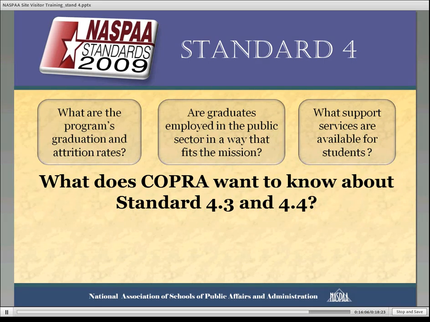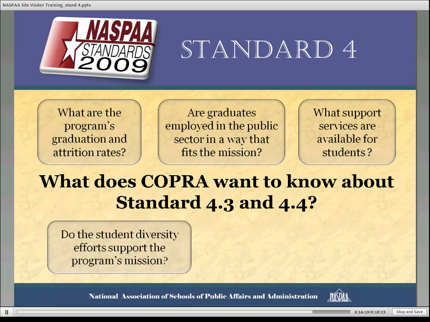What kinds of services are available for them? Again, you don't have to make decisions about whether those are adequate or appropriate, but you need to probe and ask questions about whether the program is making those kinds of services that make sense for their mission. Can they define it and describe it in ways that are linked to the mission, so that you can describe it in detail and COPRA can use that as part of their decision making?